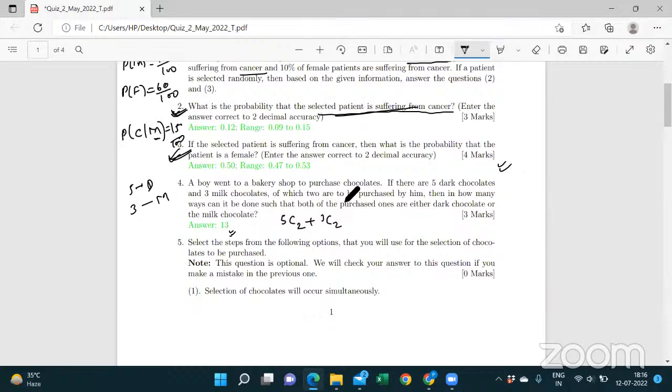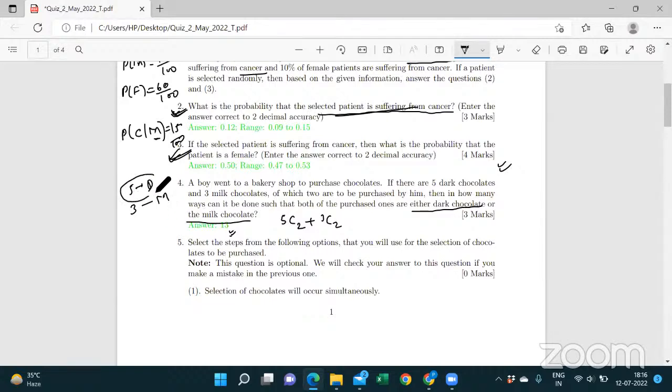Out of which 2 are to be purchased by him. In how many ways can it be done such that both of the purchased ones are either dark chocolate or milk chocolate? So I have to purchase 2 chocolates. If I purchase 2 dark chocolates, then in how many ways can I choose?